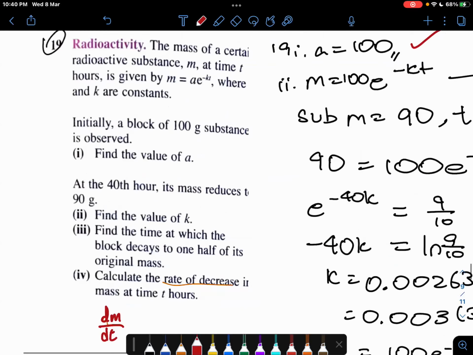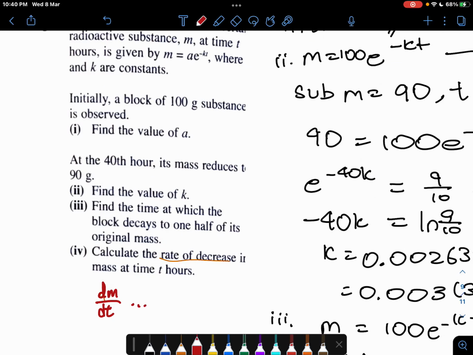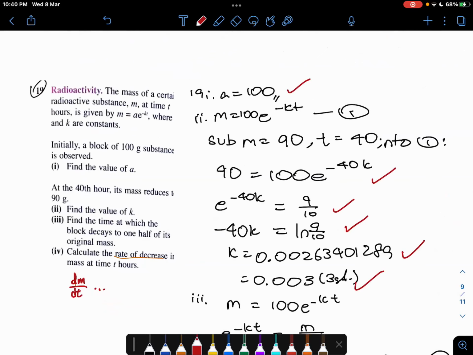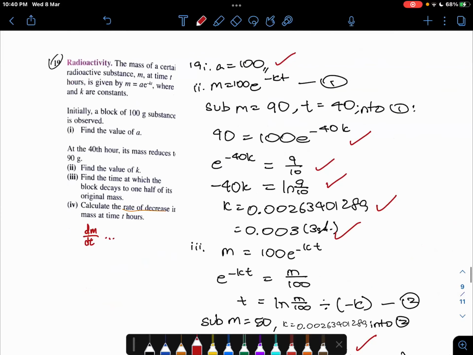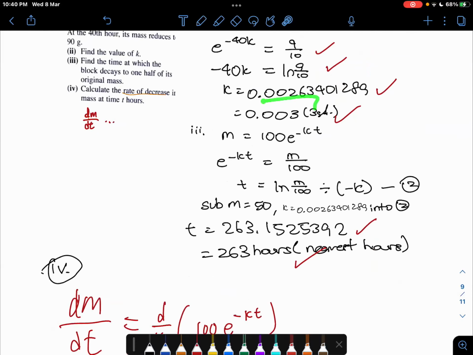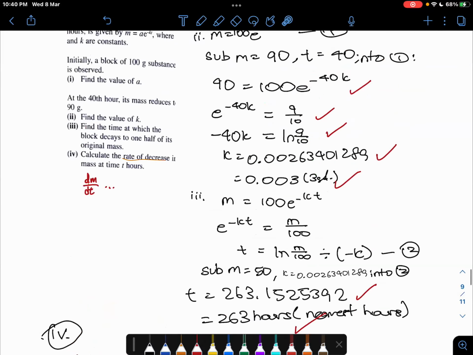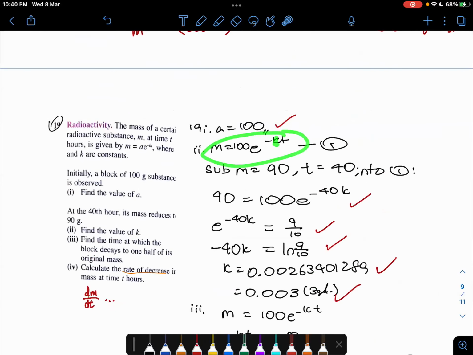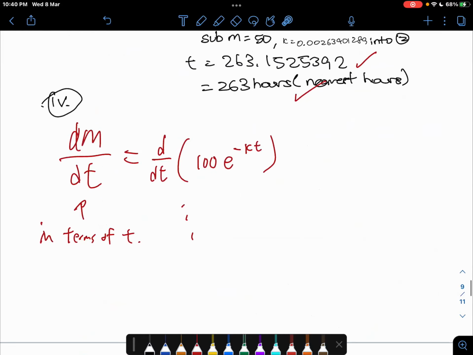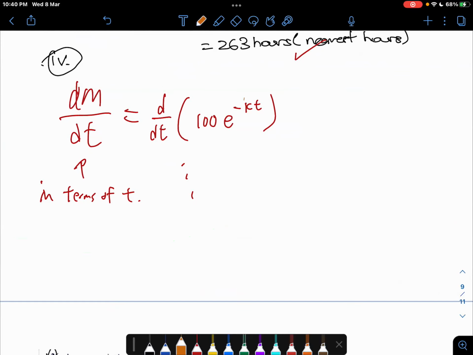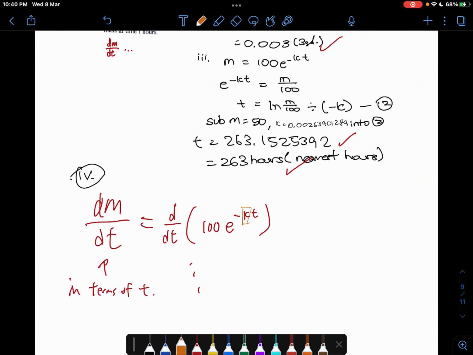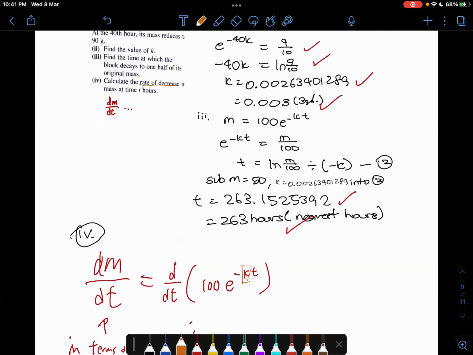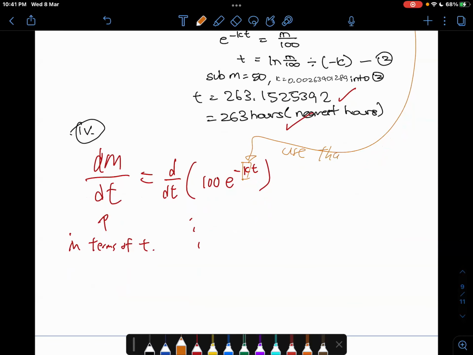In terms of t, at time t hours means you substitute t with t, but that's not very meaningful, so just leave it in terms of t. You got the formula for m already, right? And the k. So you can just sub in the k, leave the t alone, then you differentiate m with respect to t. I'll leave you to do it on your own. Sub in the t with whatever you found. Use that k value.